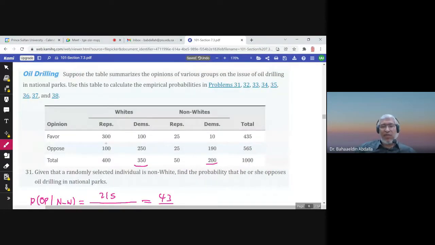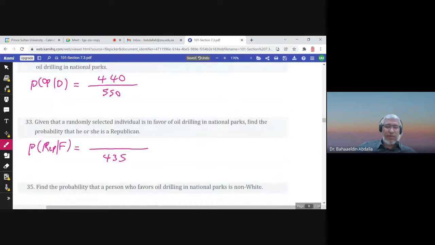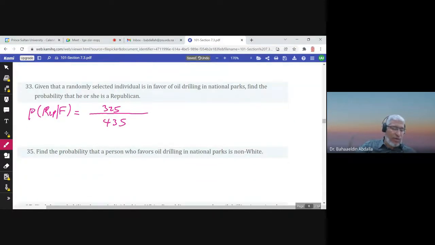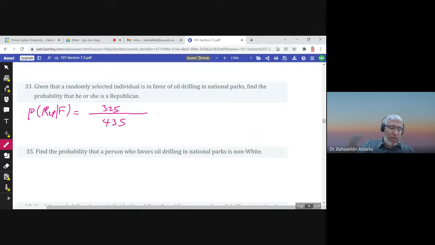We have 325. So this is the definition of given that. Also, you can just write it like this or divide and write the answer in simplest form.